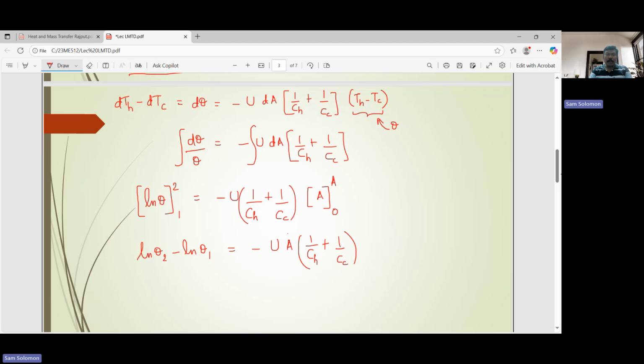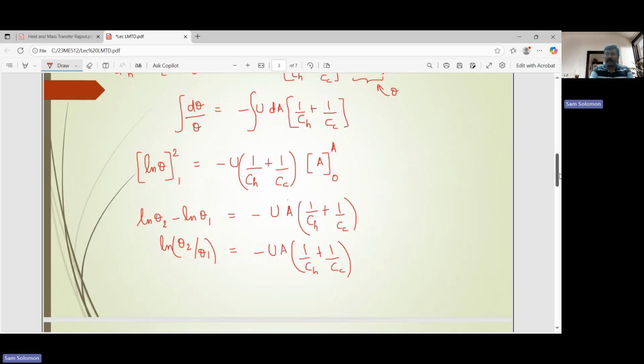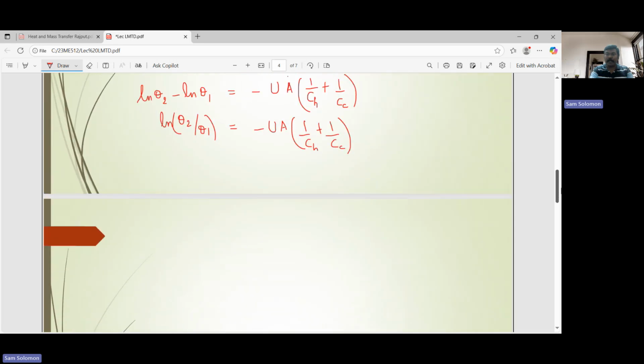Okay. So this can be written as ln of theta 2 by theta 1 equal to minus UA times 1 by capital CH plus 1 by capital CC. Okay. So now what we will do is we will try to write an expression.